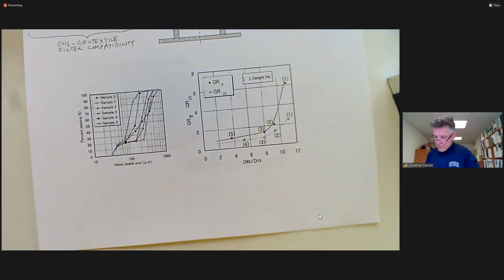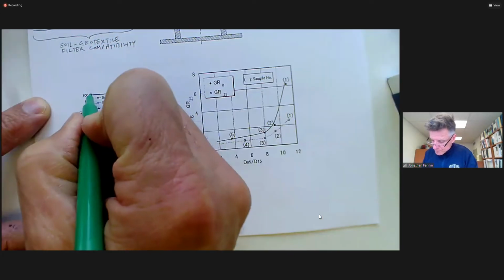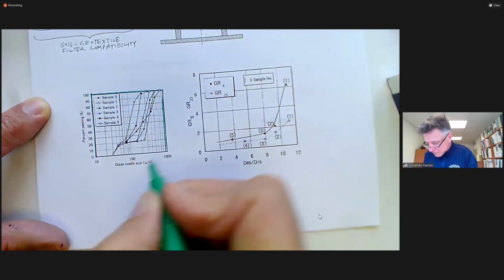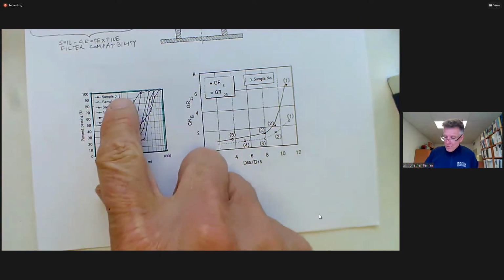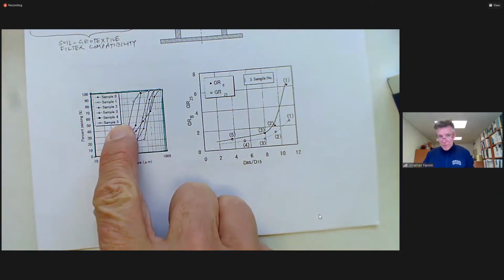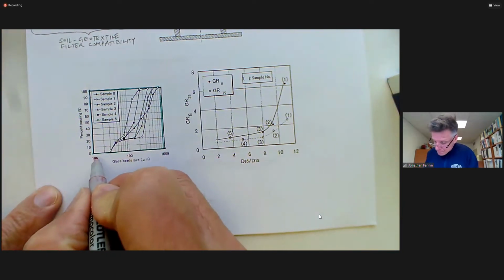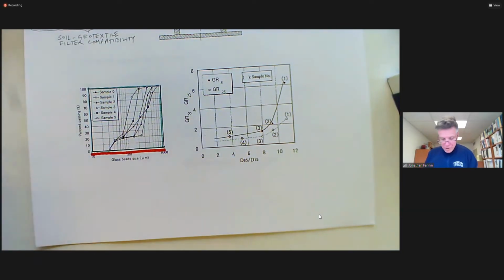These are the soils. I'll put the soils in the box here. And the testing was done with each of these different soils in combination with a geotextile. And the geotextile was a non-woven geotextile.